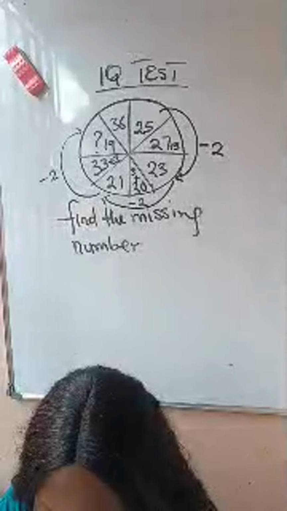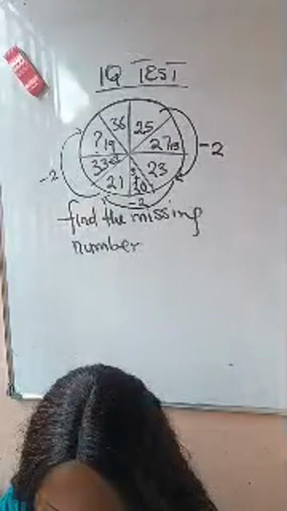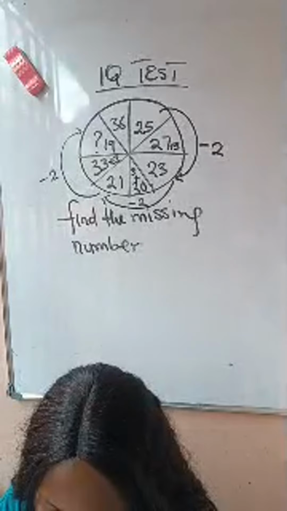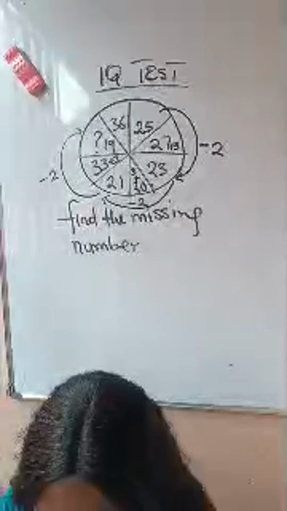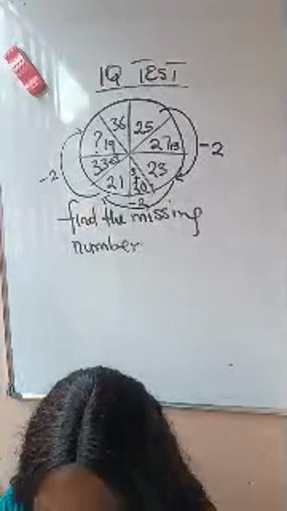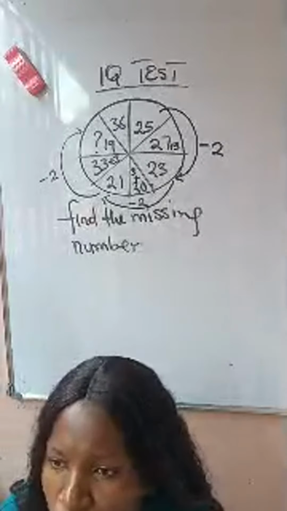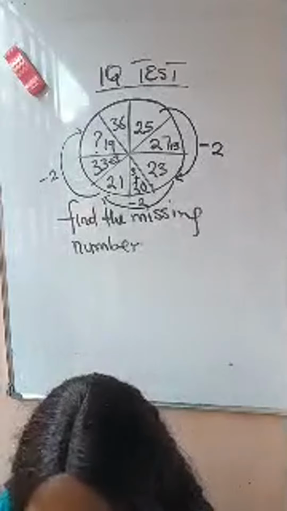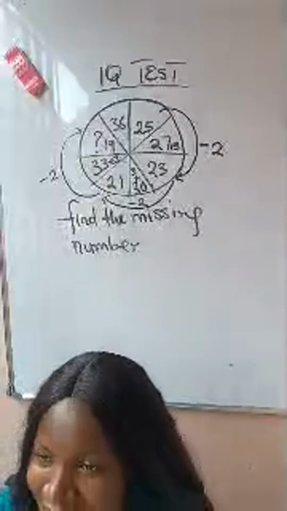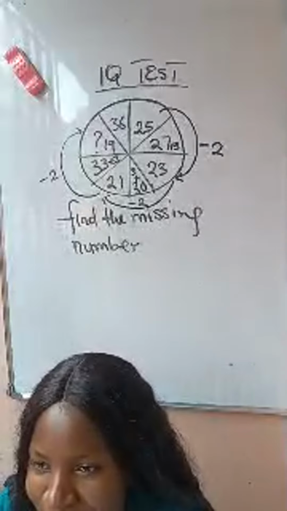One alternate sequence. Another is 30 plus 6 equals 36. How? Someone is asking how. Okay, you can see it now. It's there.